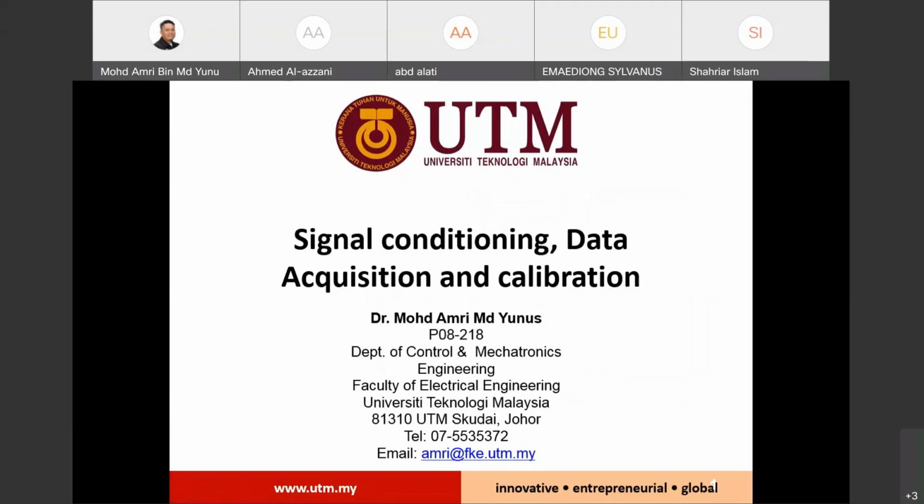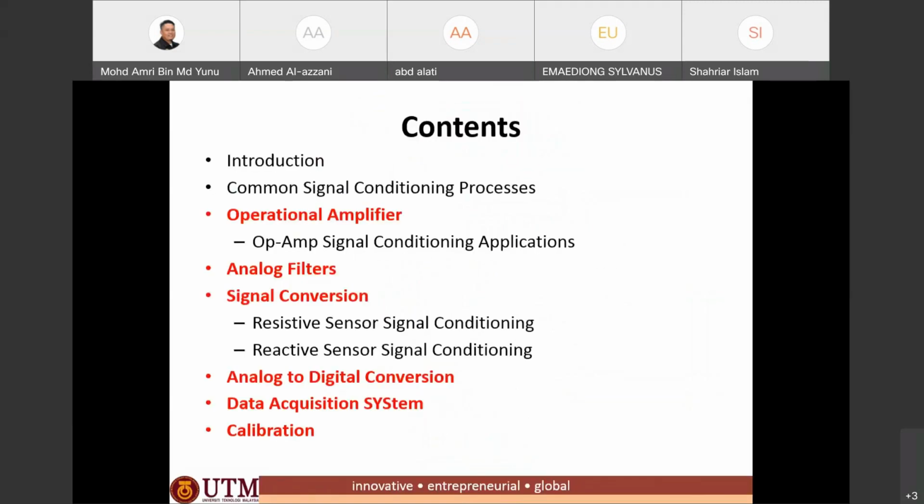Signal conditioning, data acquisition and calibration. We will look into these contents. We look into the signal conditioning process. We look into one of the main components of signal conditioning, which is the operational amplifier.